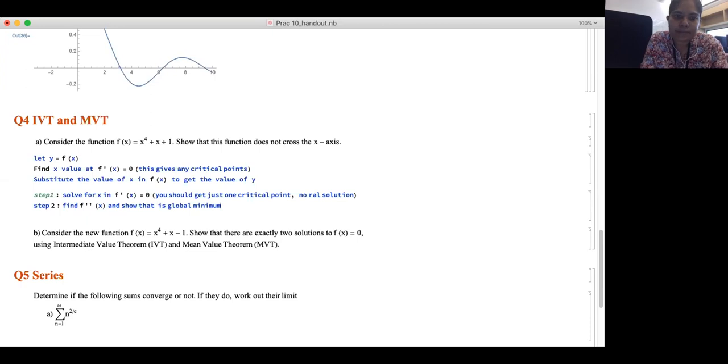So f dash x in this case is always positive. Okay. Any question regarding this?